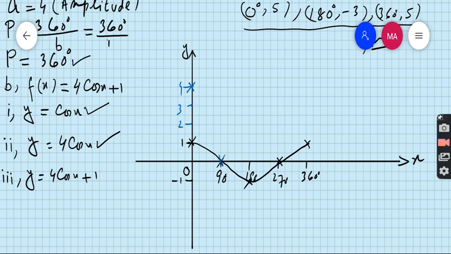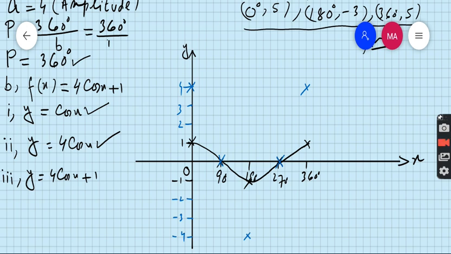When x is 180, then y is minus 4. So minus 2, minus 3 and minus 4. So 180, then minus 4. When x is 270, then the answer is 0. When x is 360, then the answer is 4.